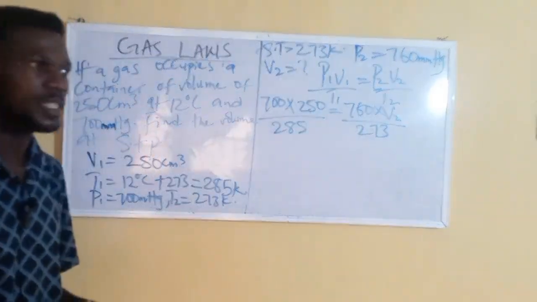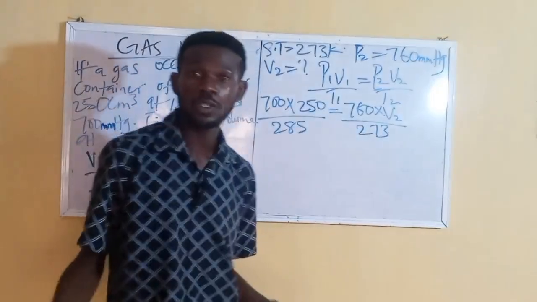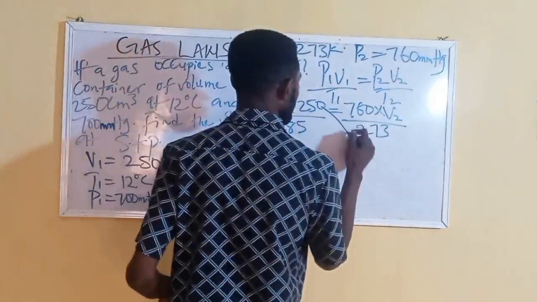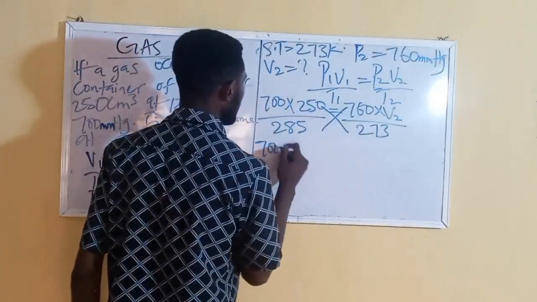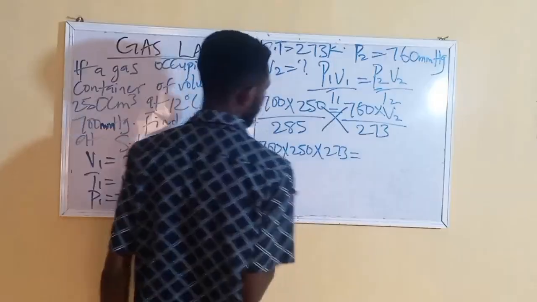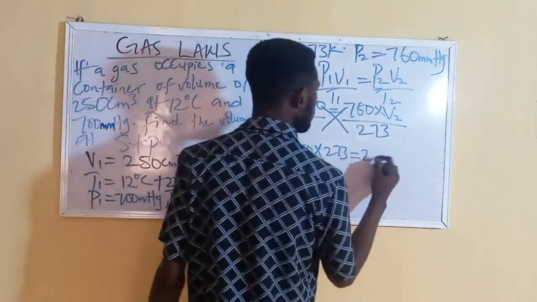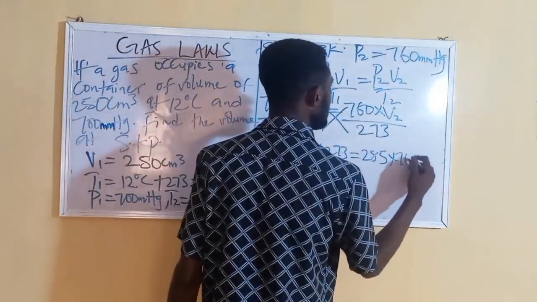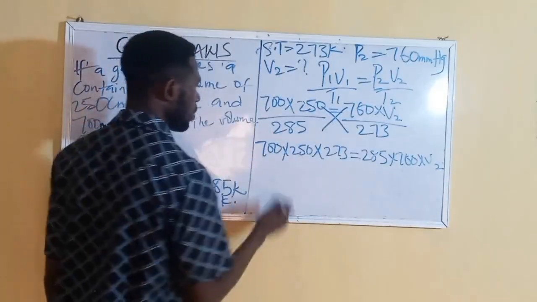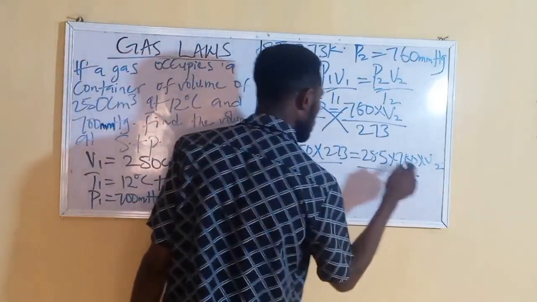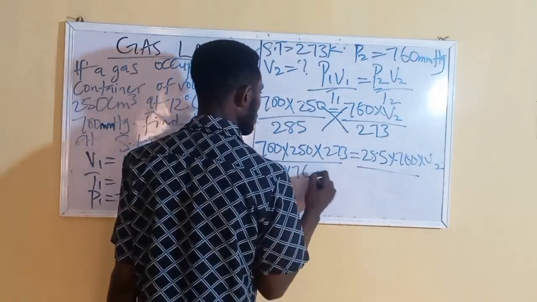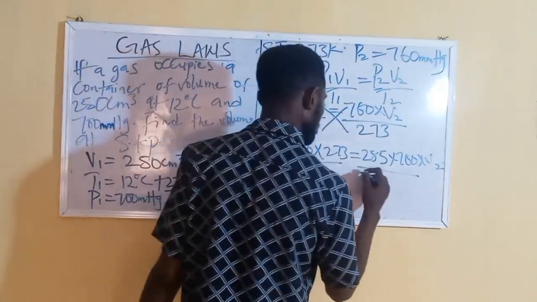Now we've written all these things. The next thing is to make our V2 the subject of the formula by cross multiplying. When you carry out your cross multiplication, you have 700 times 250 times 273 for this side, and for the other side you have 285 times 760 times V2. Now, we make V2 the subject of the formula by dividing all through by 285 times 760.